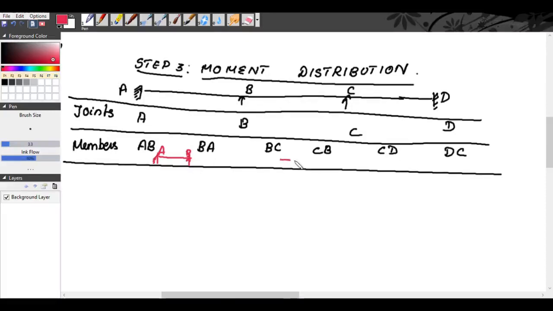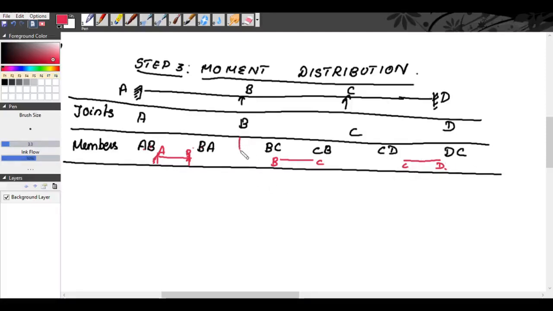Now this span is BC, and this span is CD. The distribution of moments will be between AB and BA, between BC and CB, between CD and DC.